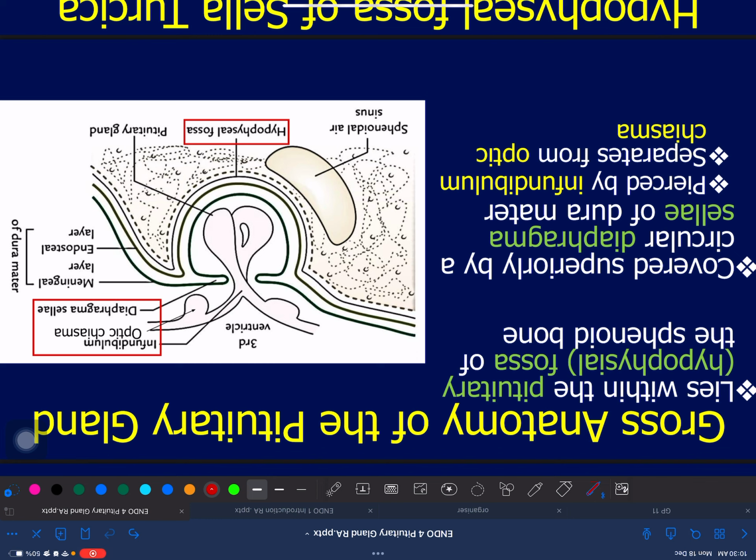It is covered superiorly by a circular diaphragma sellae of the dura mater, and pierced by the infundibulum. You can see it pierced by the infundibulum. This diaphragma sellae also separates the pituitary gland from the optic chiasma. This is the optic chiasma. So this is the hypophyseal fossa.